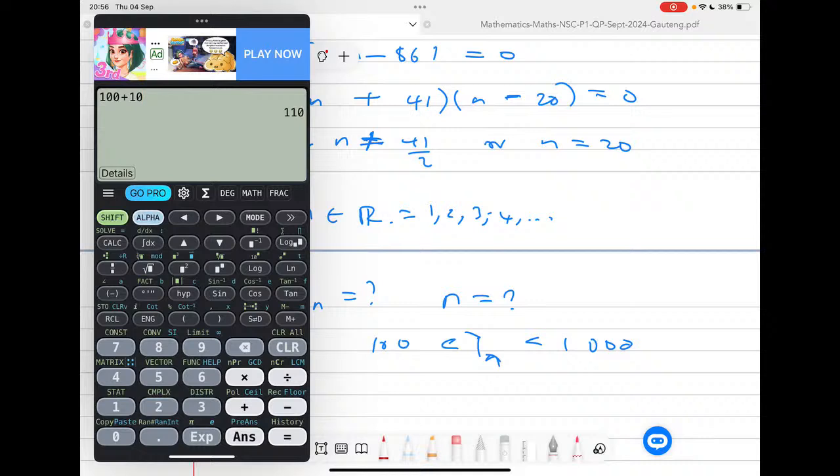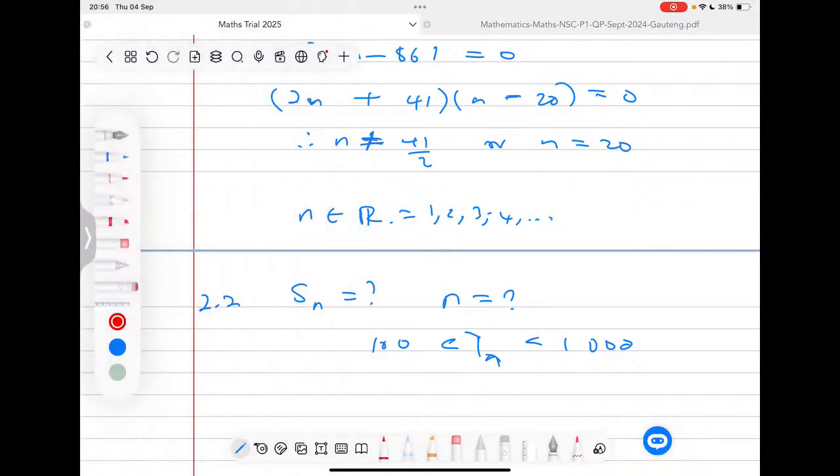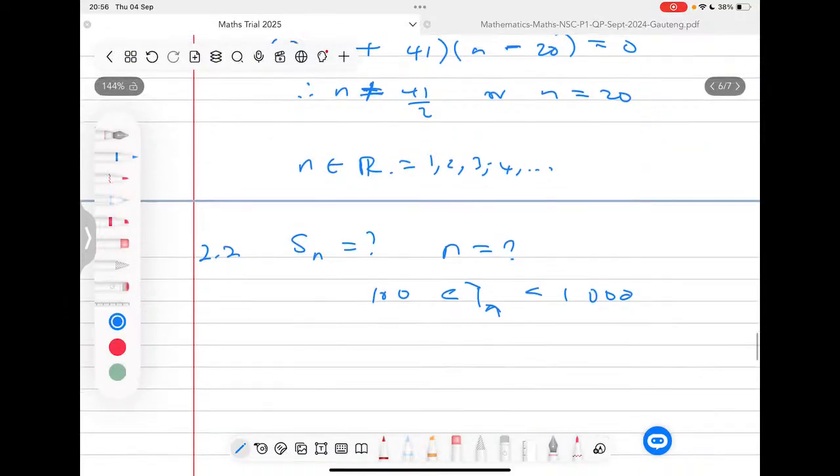Now if you say 110 divided by 11, do you see now it is divisible? 11 goes exactly 10 times inside our number. So it means our first term here is 110. 110 lies in between, it's bigger than 100, right? So that will be our first term, 110.